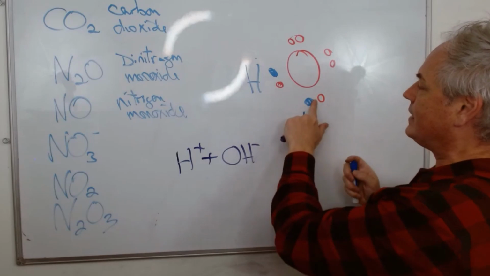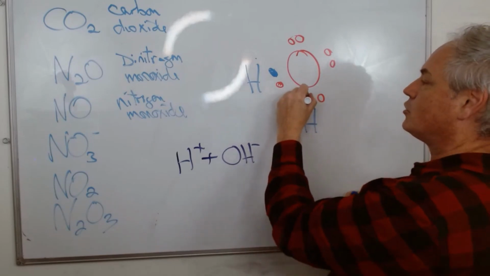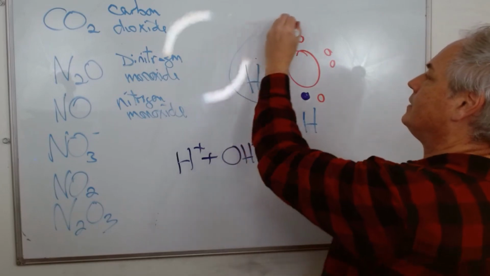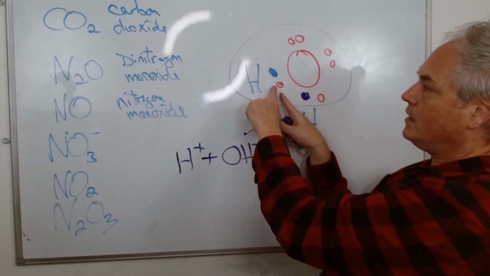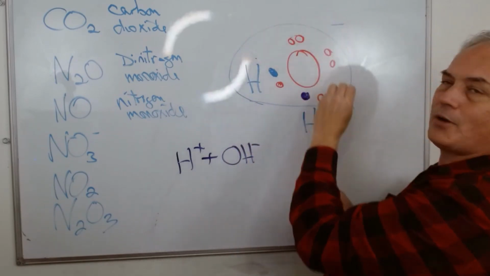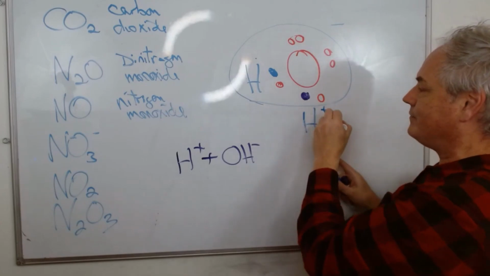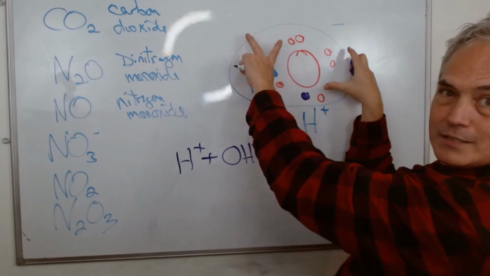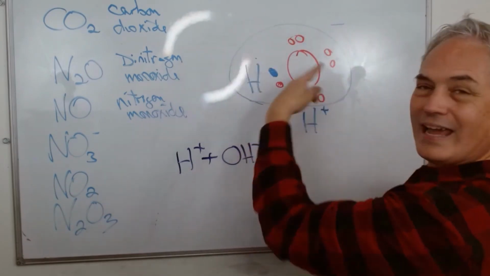So this hydrogen gets closer to the oxygen, and therefore you end up here with the hydrogen and oxygen, and this part is more negative, and now we have a positive hydrogen. So you end up with this part negative, and it's going back and forth.